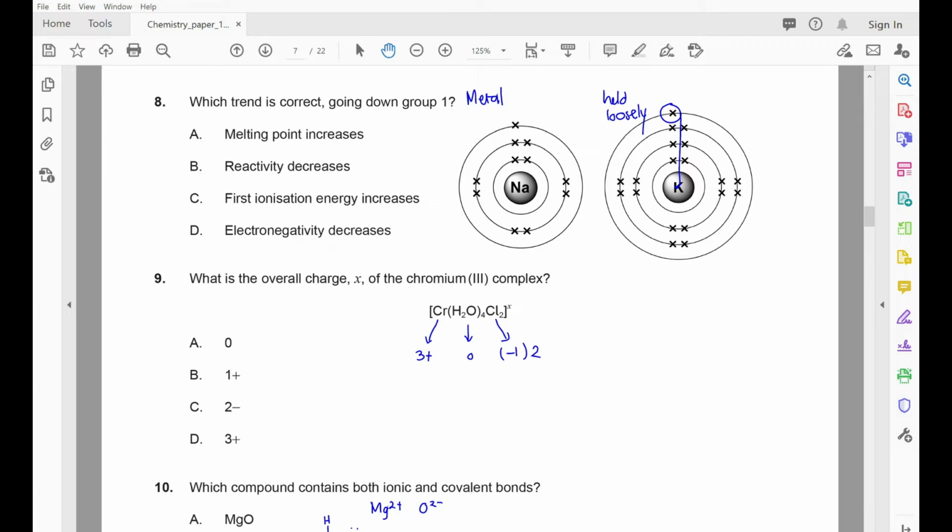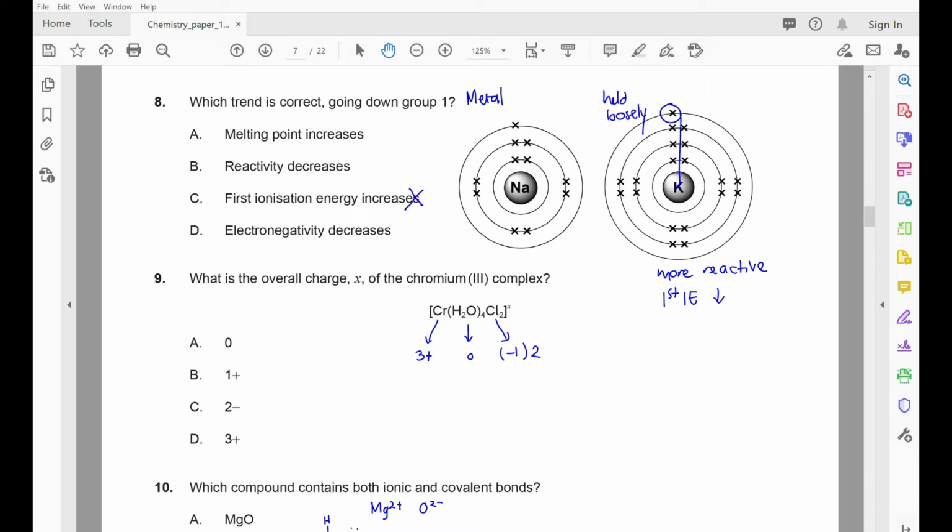So potassium is more reactive than sodium. Remember, metals react by losing electrons, not gaining.